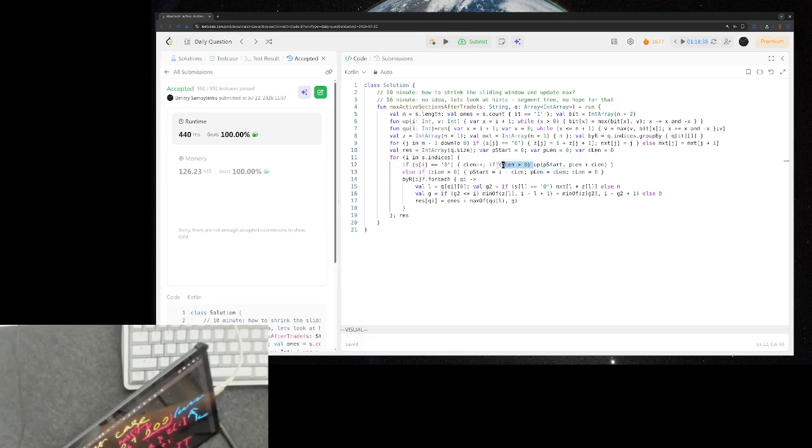If we have a previous group, we update the binary indexed tree at the previous group's start with the previous length plus the current length, so basically the total length. And for each query we only care about the left, because the right is already I.